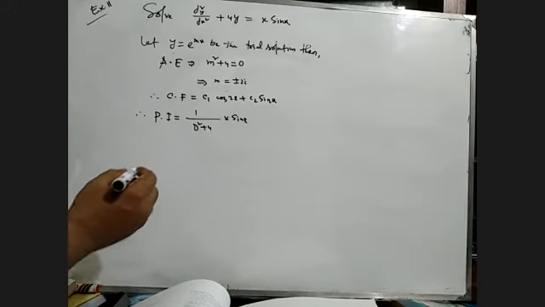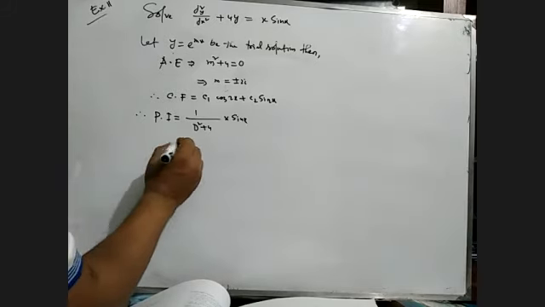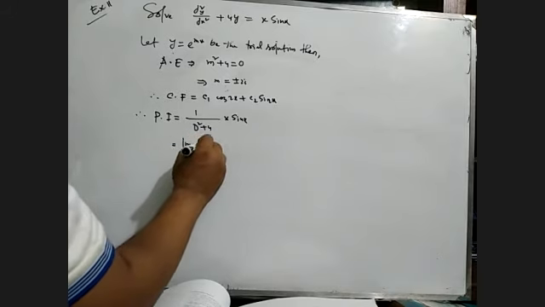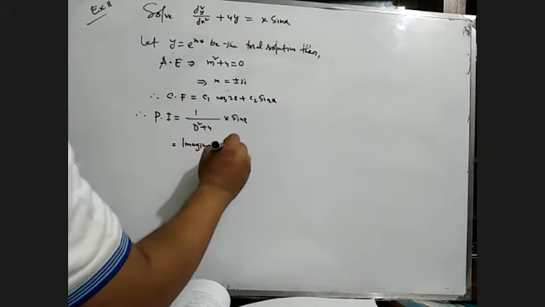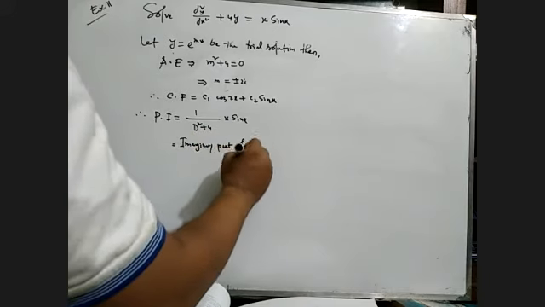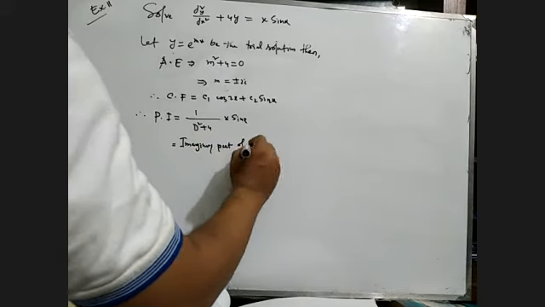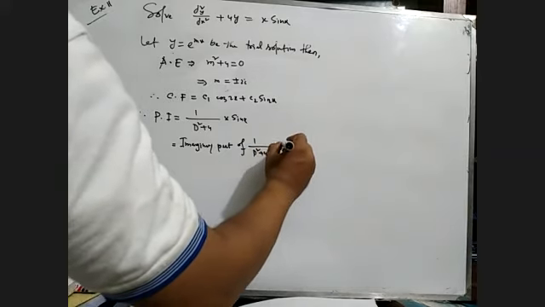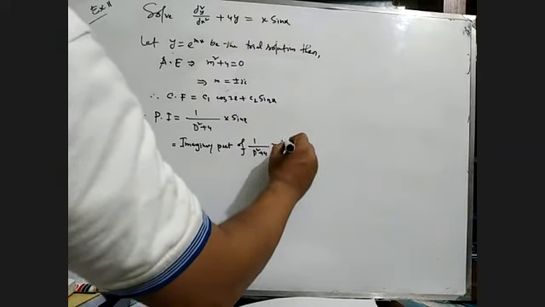So this we can write as the imaginary part of 1 by D squared plus 4 of x e to the power ix.